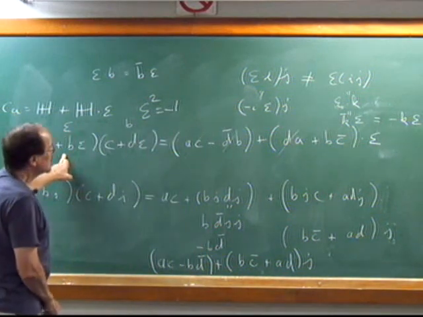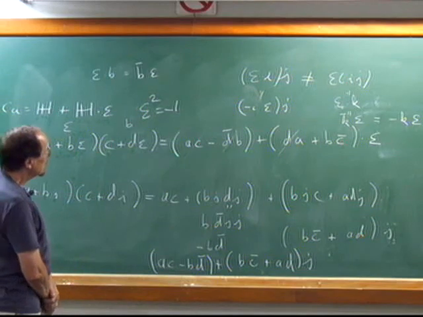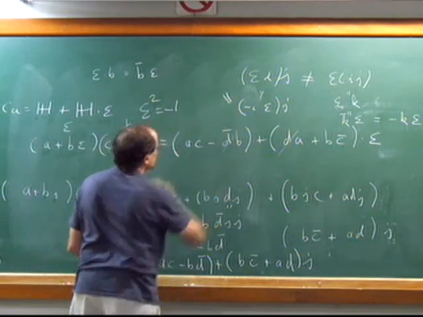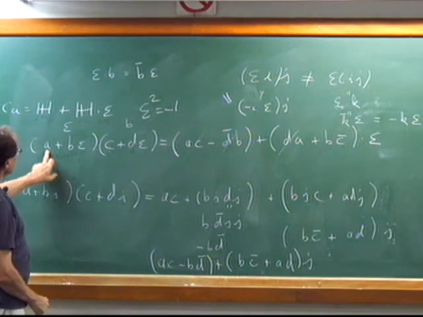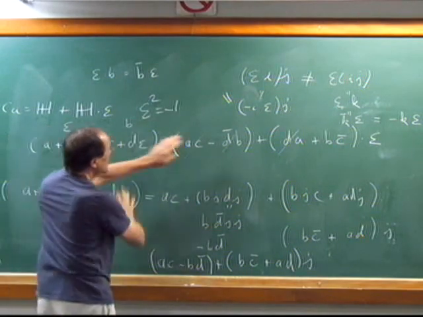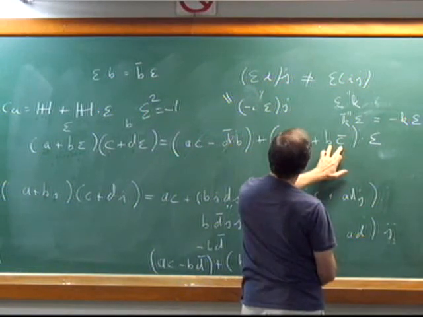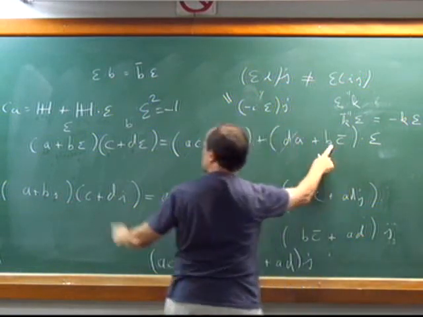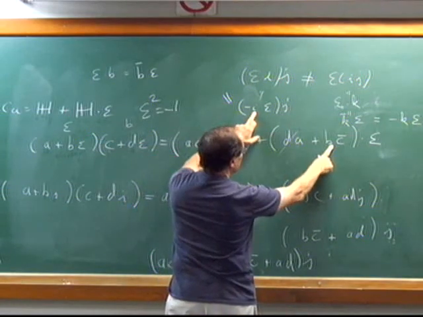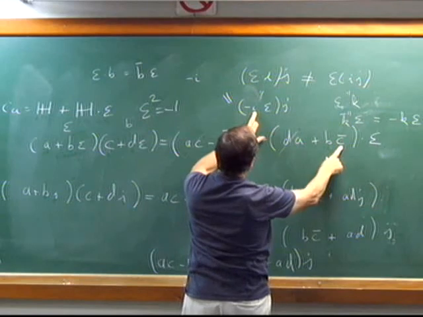What's this? Now I have to use the rule for how to multiply two Cayley numbers. So let's see. A is 0 and D is 0. It's B C bar epsilon. So which one is B? It's minus i. So minus i times C bar.